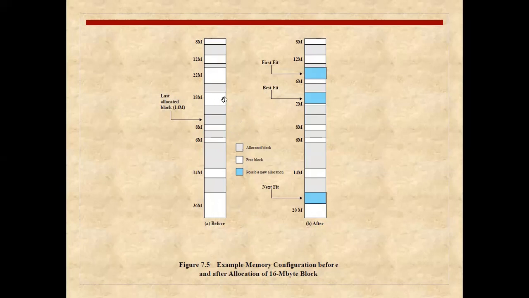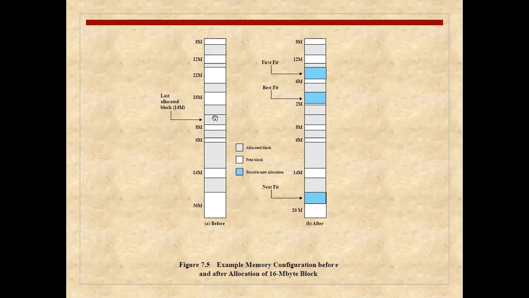Obviously 18 MB, because there the wastage will be only 2 MB. Otherwise, placing it here gives 6 MB wastage, and placing it here gives 20 MB wastage. That's why in best fit, we fetch the block just greater than the process size.